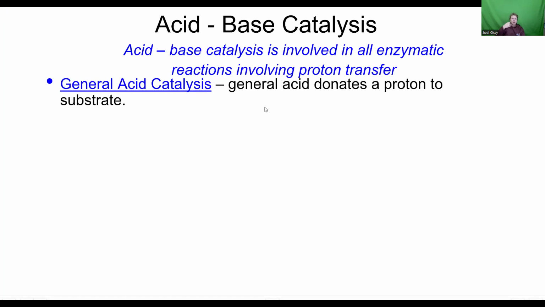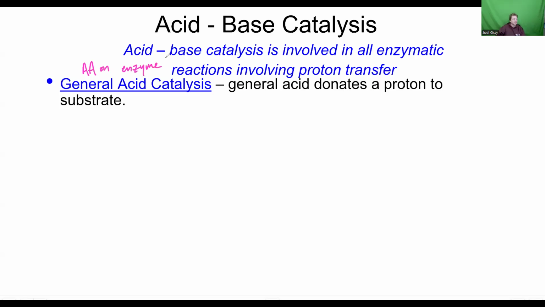I would say maybe not 9 times out of 10, but quite frequently, this is an amino acid on the enzyme. So I'm going to get my annotate tool out. So an AA on the enzyme.